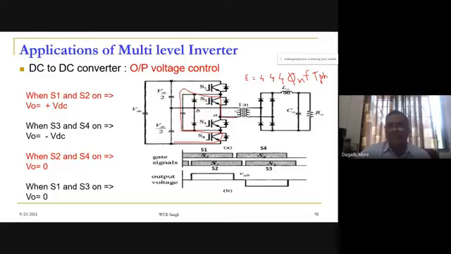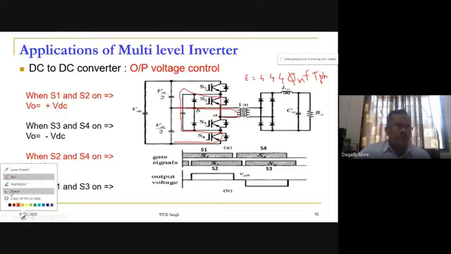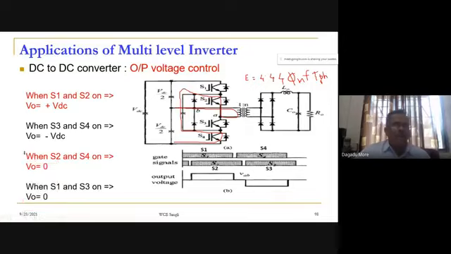This diode is not conducting. So this capacitor has VDC by 2, and it comes in series opposition with this, so the voltage applied will be 0. Whenever S2 and S4 are on, we get 0. Similarly, when S1 and S3 are on, again this capacitor comes in, and the output voltage will be 0.